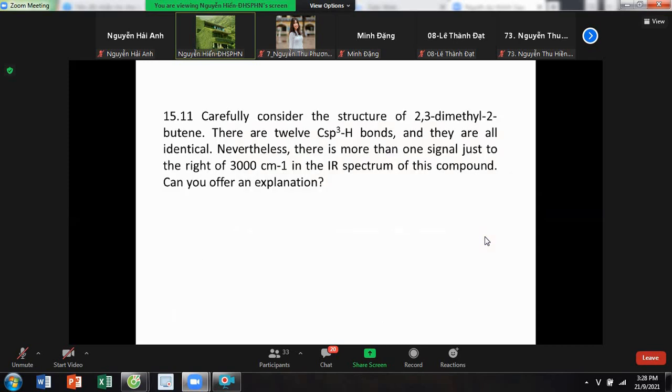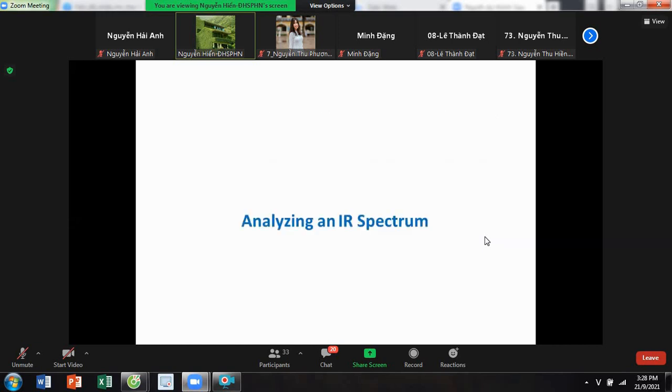Okay. This is simple. It's due to symmetrical and asymmetrical stretchings only. Okay. Now we go to the final part of this section, how to systematically analyze an infrared spectrum.